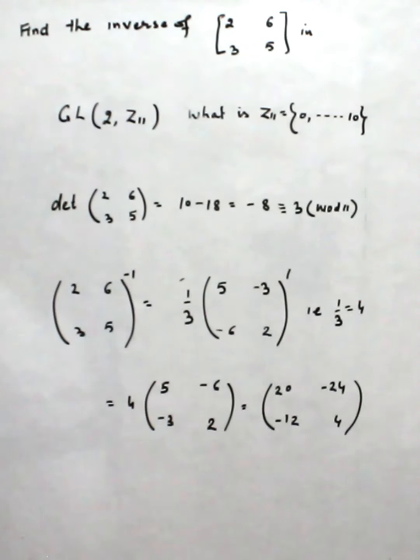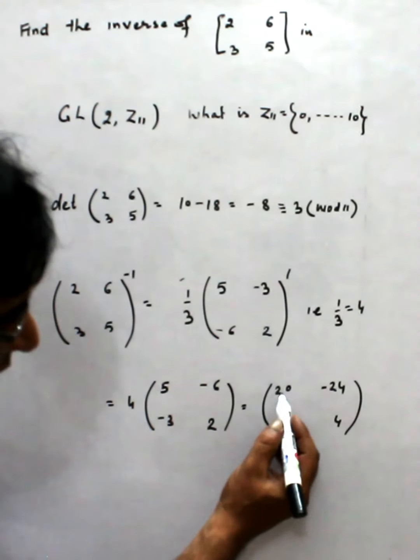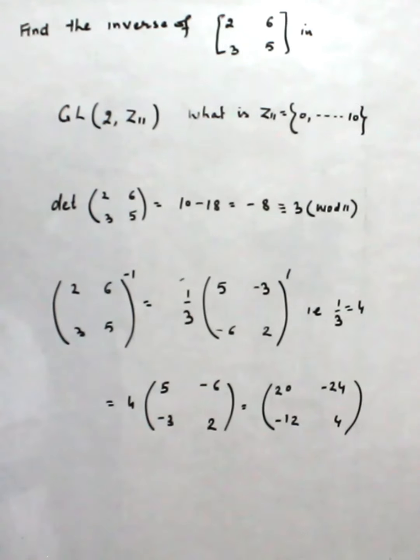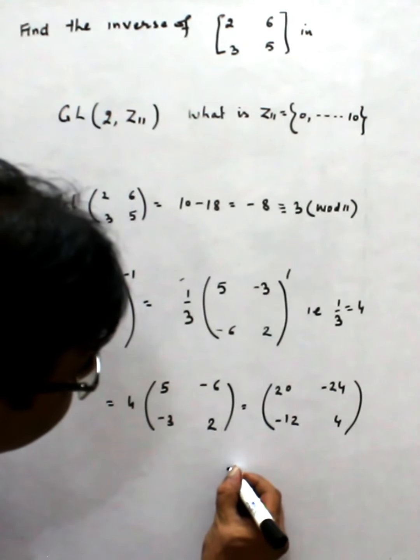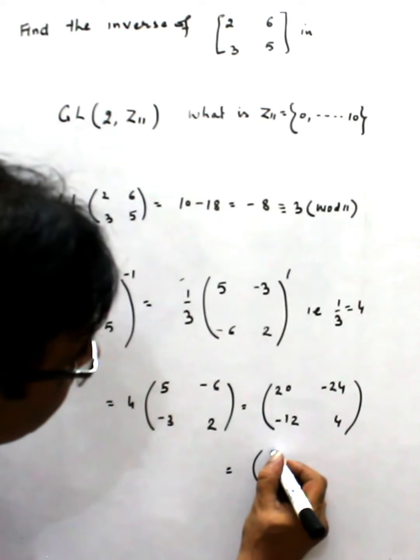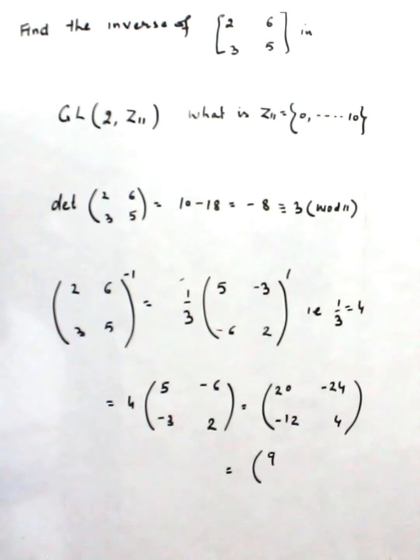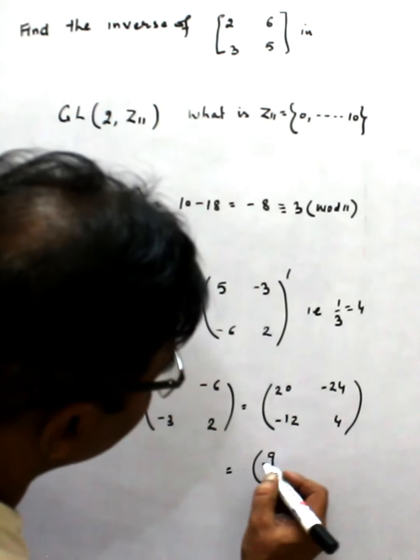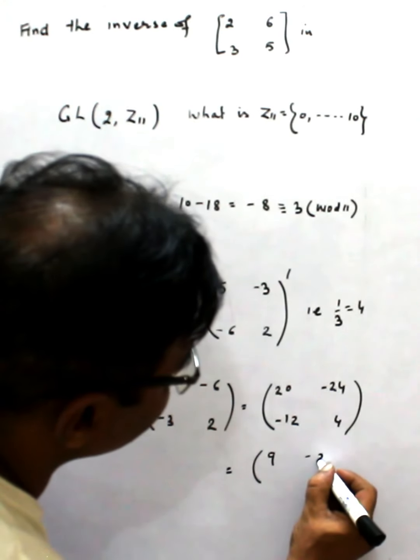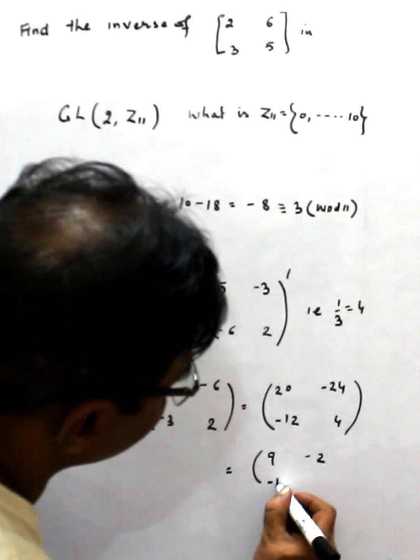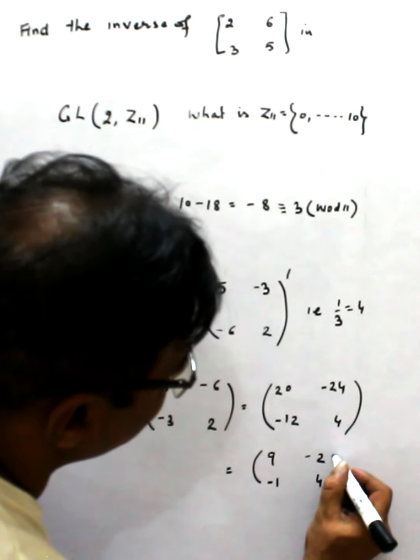Now 20 can easily be reduced: dividing by 11, because we have addition modulo 11, 20 becomes 9.